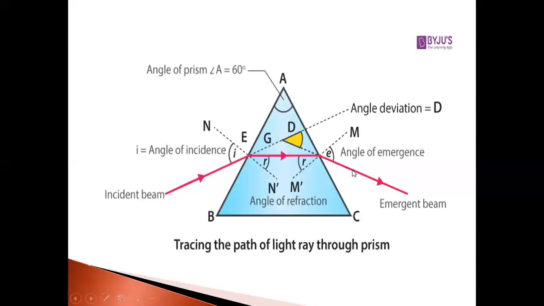And if we extend this emergent ray backward in this way, where these two ray lines intersect or meet each other, this angle is formed, and this angle is called angle of deviation and represented by capital D. Now this is the path of ray of light through glass prism.